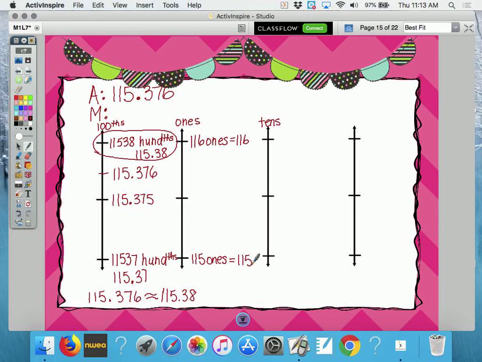Cesar, what's my midpoint? Now you can just think, what's halfway between 15 and 16? 15 and 16. 15 point what? 15.5.